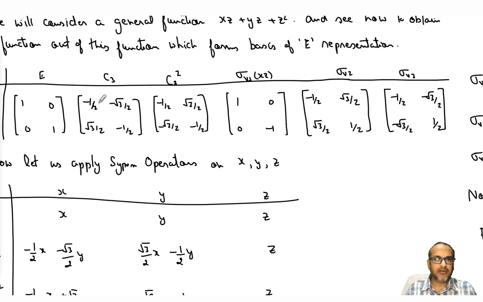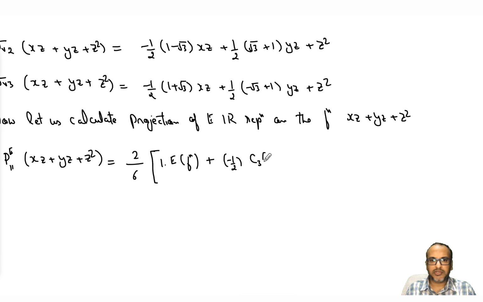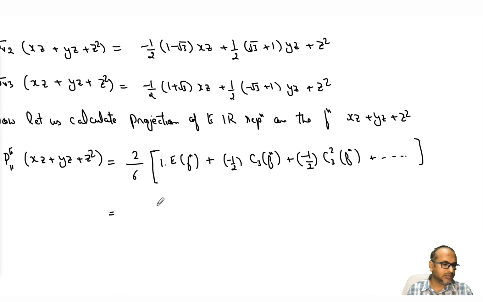So C3 will have minus half, and then the effect of C3 onto that function, right? That's what the projection operator formula says. So now I'll have minus half and effect of C3 onto the function. Similarly, for C3 square matrix, I have minus half again and effect of C3 square onto the function, and so on. Let us do it for 1 so that it is very clear.